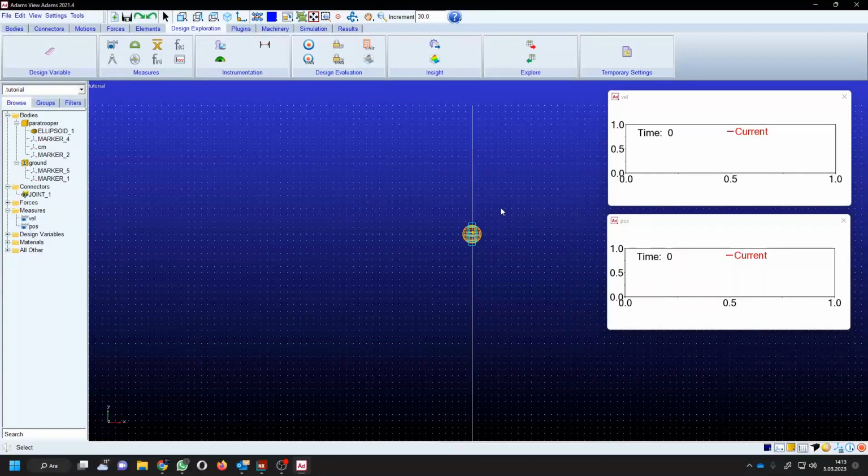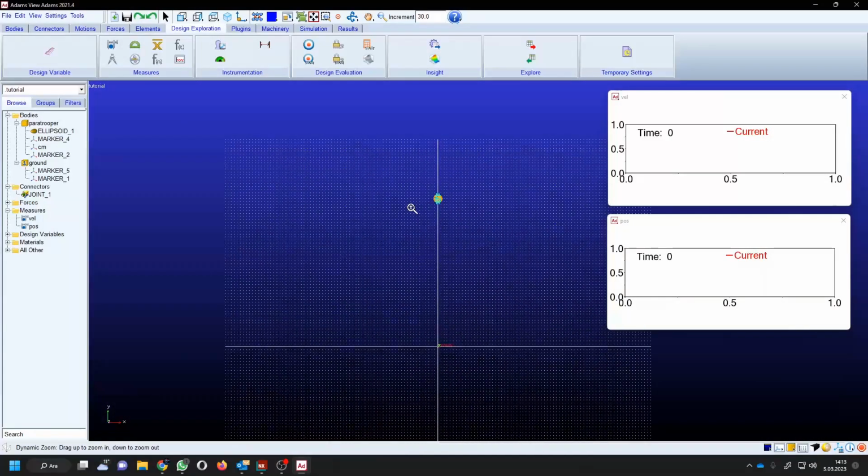The second thing I need to do is make our solver know the position of the ground. The default ground in an Adams model is basically an earth-fixed reference coordinate system, and it doesn't have a material or a contact property.